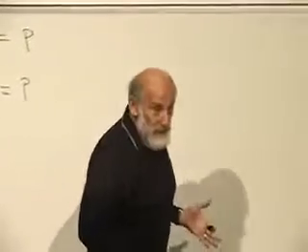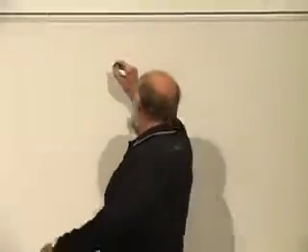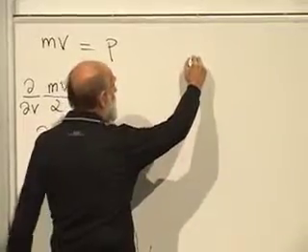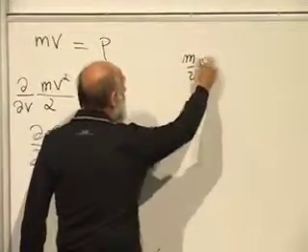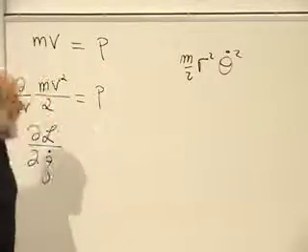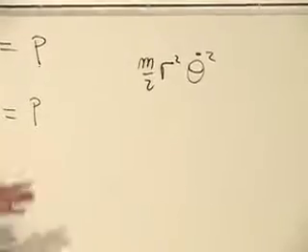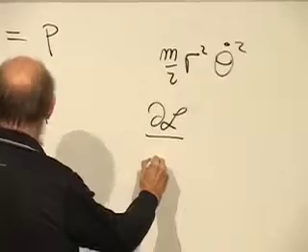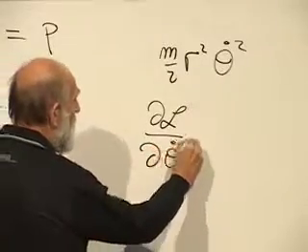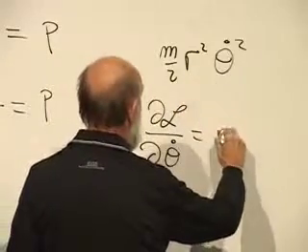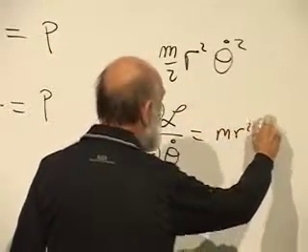An example would be angular momentum, where if we have a particle moving in space and it has a term in the Lagrangian which, for example, could be m over 2 times r squared times the angular velocity squared, then there's a momentum which you would get by differentiating the Lagrangian with respect to theta dot, and that's m r squared theta dot, and that would be angular momentum.